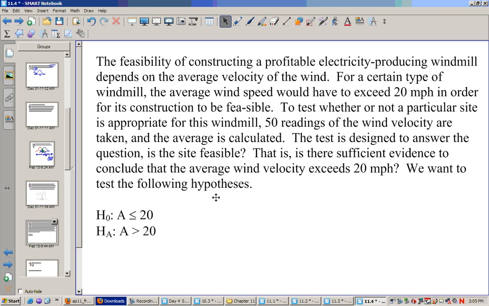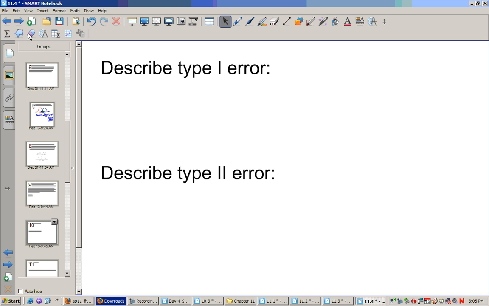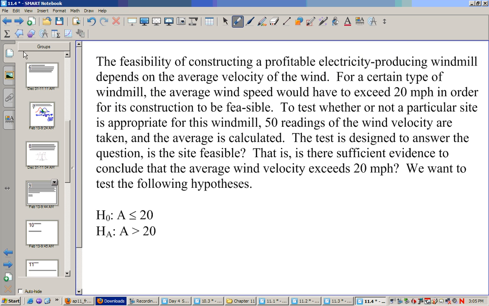So we want to test this hypothesis. The null is that the wind speed is less than or equal to 20. The alternative is that it is greater than 20. So describe type 1 error. Type 1 error would be we reject the null when the null is actually true.